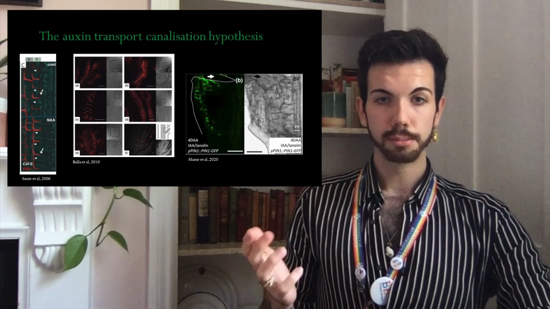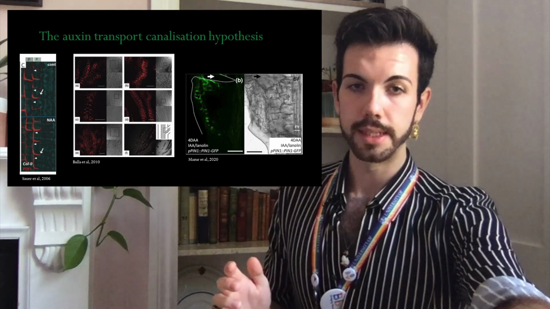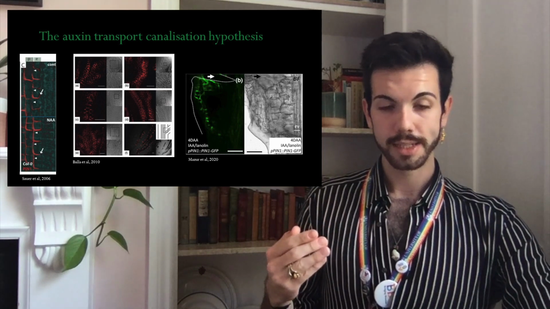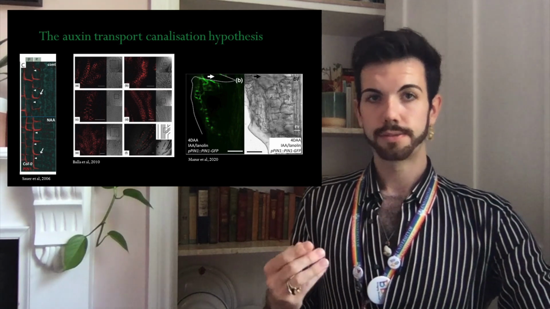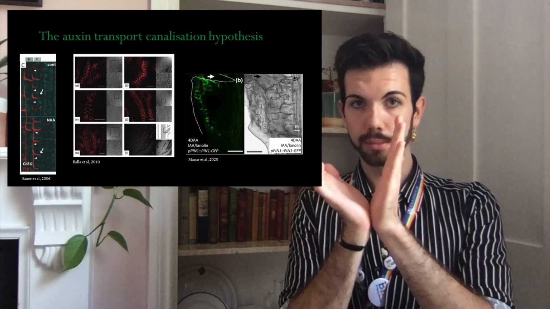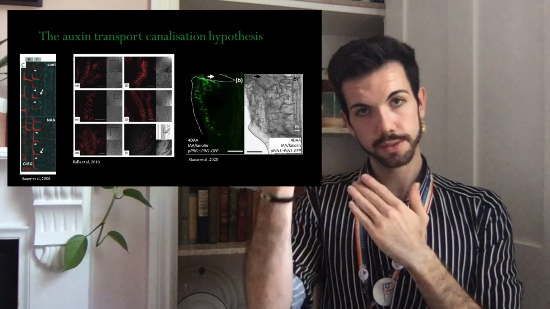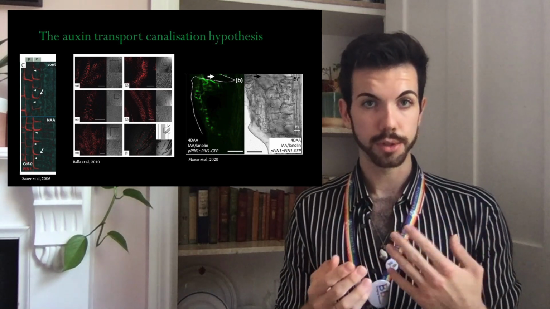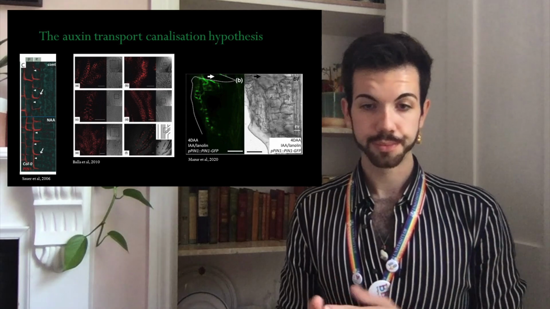And then in the middle panel, we can see that this is taken from a paper by Balla et al., where they've taken a junction from where the main stem meets an axillary meristem, and they've sectioned through that, again with these fluorescently tagged PIN proteins being expressed.